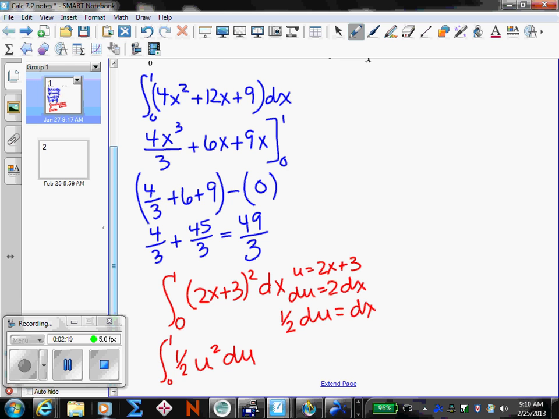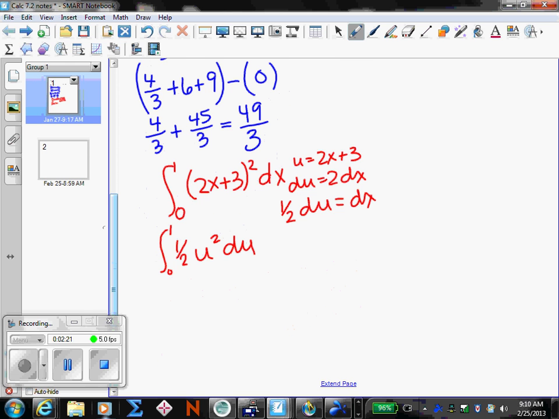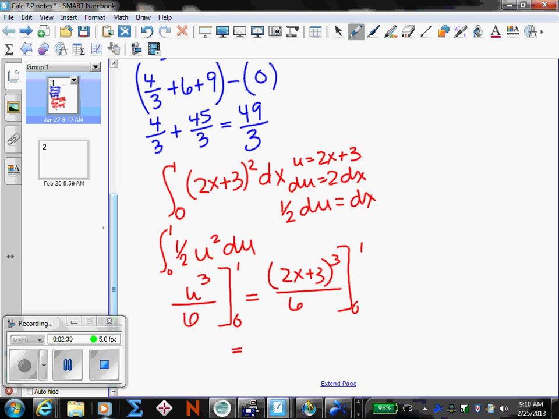So I use the power rule now that it's in u form. And I get u cubed, that will be over 6 from 0 to 1. I have to substitute my u back in. I'll plug in 1. 2 plus 3 is 5. 5 cubed, 125 over 6.